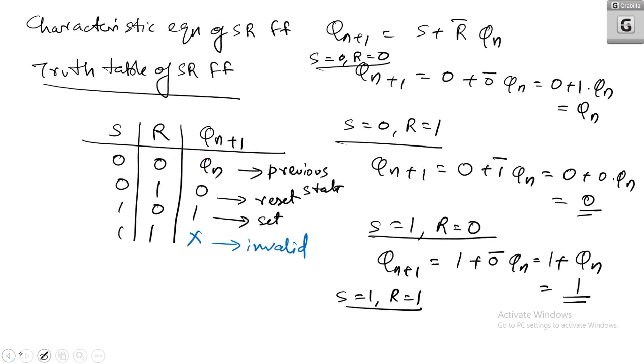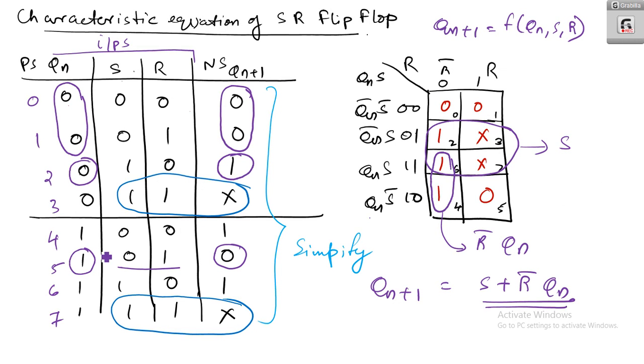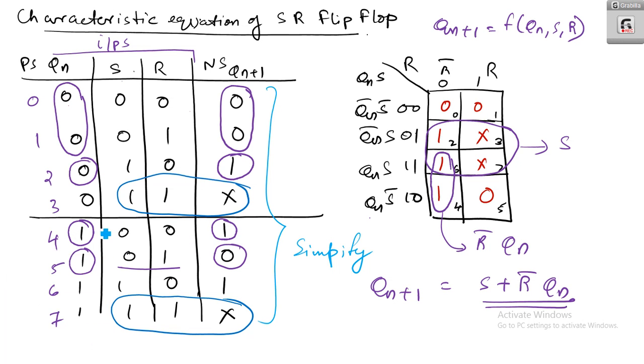Now present state and next state is 1. Is there any condition like that? Yeah. Here present state is 1 as well as next state is 1, and again here also present state is 1 and next state is 1.